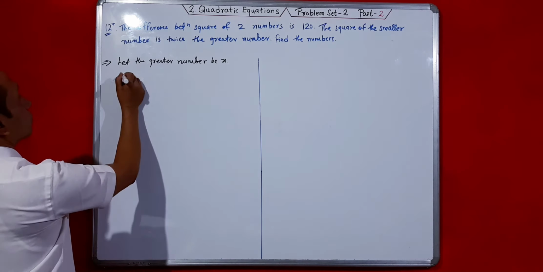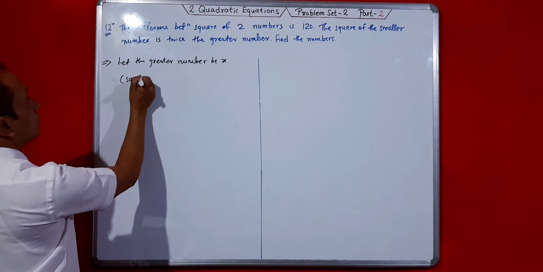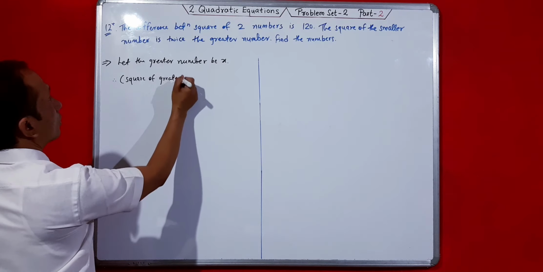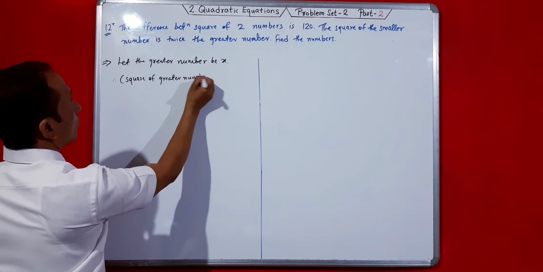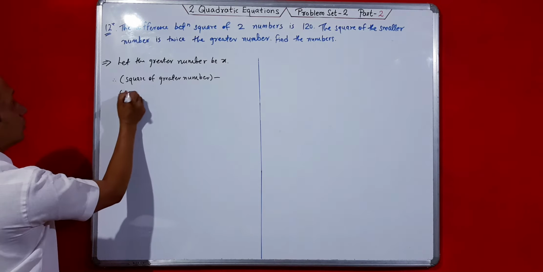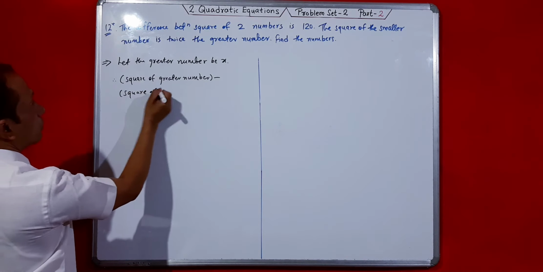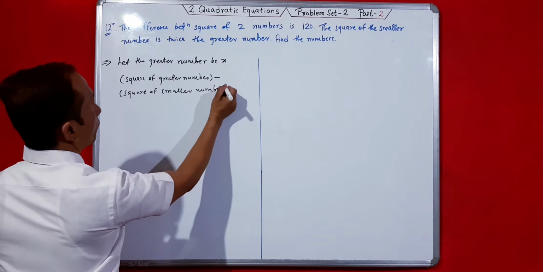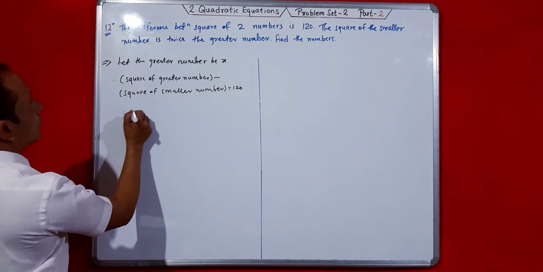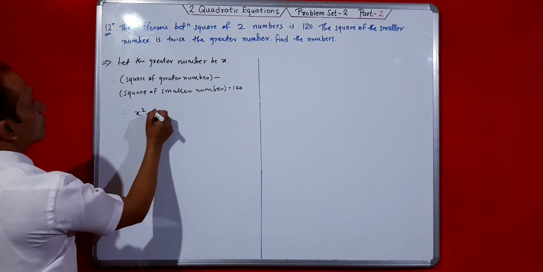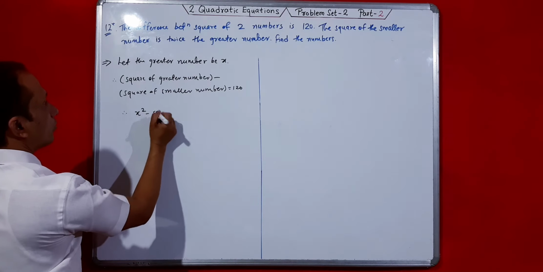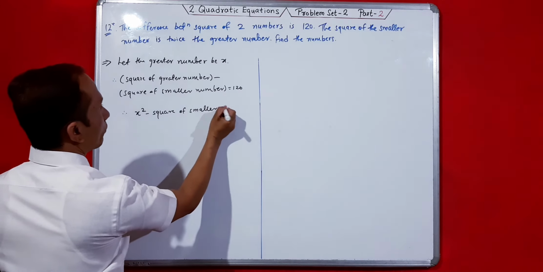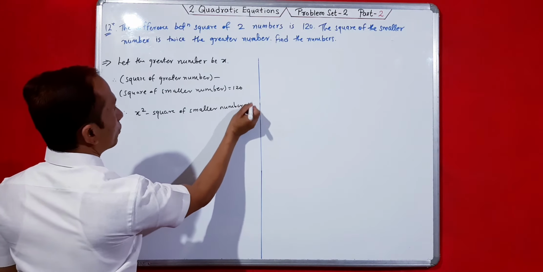So the square of the greater number, x square, minus the square of the smaller number is equal to 120.